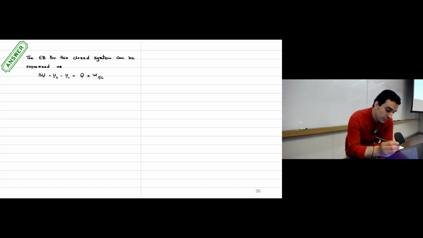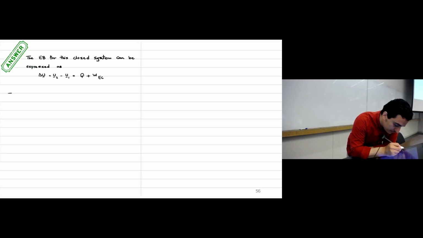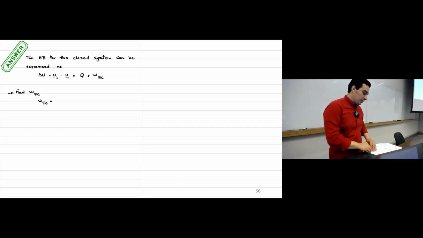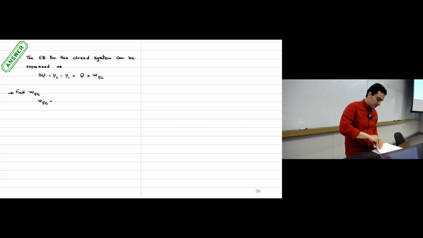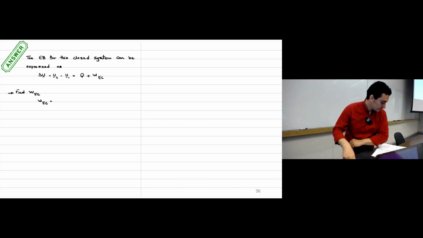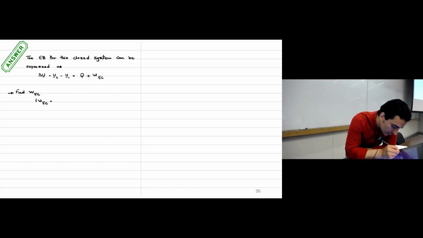So if we start with this one, we can start by finding the work of expansion contraction. If you remember from chapter 1, the equation for work of expansion contraction is minus PdV. Let's put it. So we have dW is minus P dV.